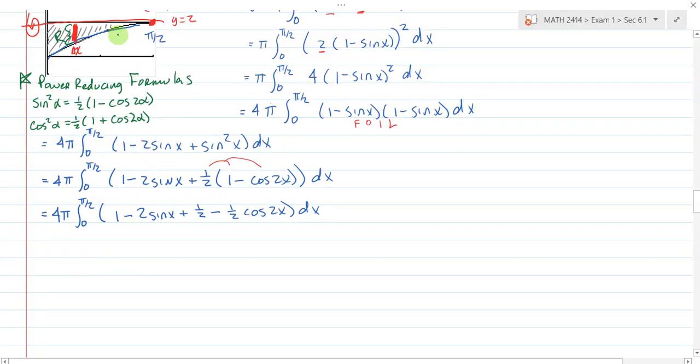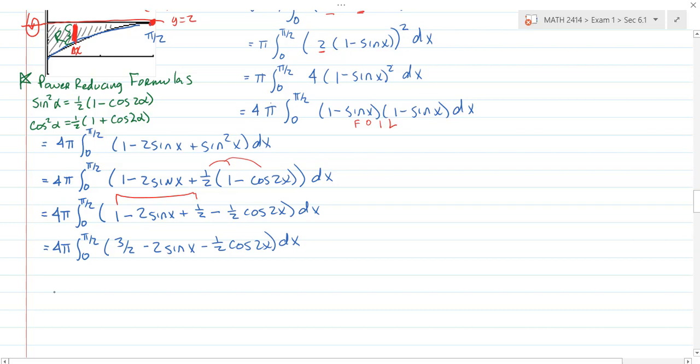Now you can see your like terms that you have. I have a 1/2, I have a 1, that I can combine. So that's going to give me this integral. That's 4 pi times the integral from 0 to pi over 2 of 1 plus 1/2 is 3/2 minus 2 sine x minus 1/2 cosine 2x.